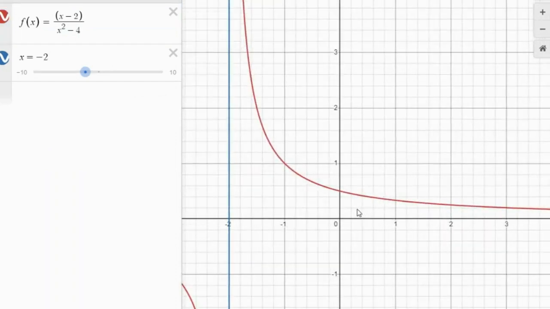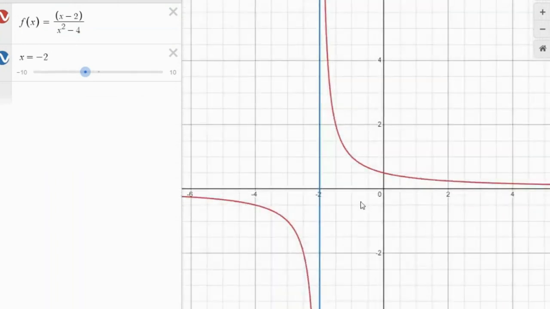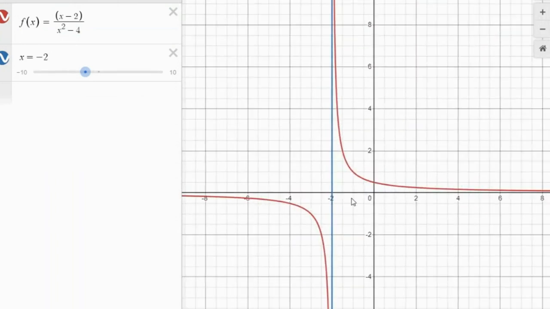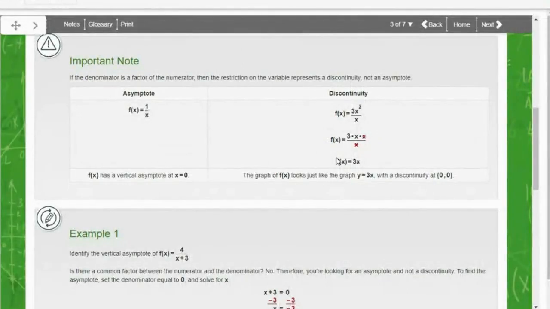If we were graphing it by hand, we would actually put a hollow circle there to show a hole in the graph at 2. But just because you look at Desmos, don't be fooled by that. It does not exist when we have x equals 2. So yes, that's where that comes from in his video talking about 2 and -2 are both discontinuities where the graph does not continue through those points. But one is a vertical asymptote and the other one is not. It's a hole.